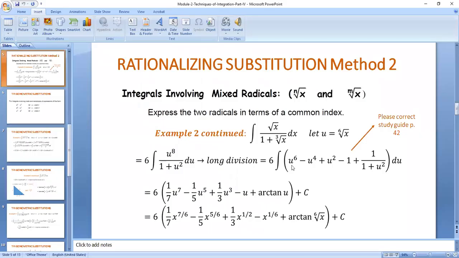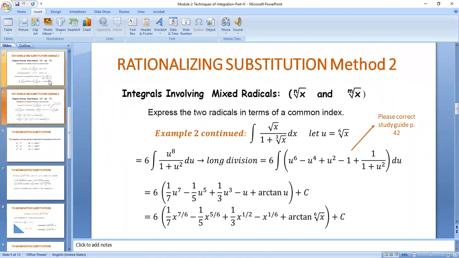that's the thing that you see here. U raised to 6 minus u raised to 4 plus u squared minus 1, and this remainder. Now you can see that this is so easy to process because this will just require power rule. Though the constant 6 will be written here just the same as it's written in the previous slide.